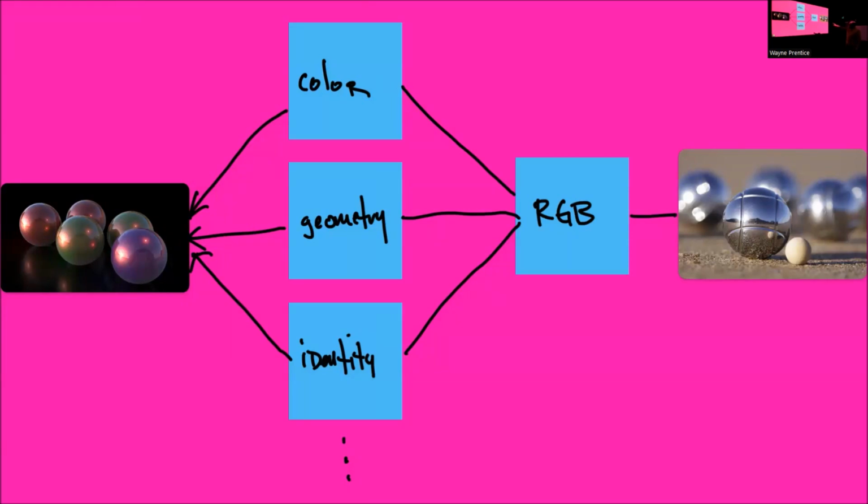But if I had more stuff, if I had this stuff that's here in the middle, if I had the causes of the RGB, if I had object identity, if I had geometric information about the object, I could take this actual photograph and do things to it that we would do with computer graphics, like those tricks I showed you. But we don't have a camera that can give us that stuff. It can give us some of it, but not all of it, right?